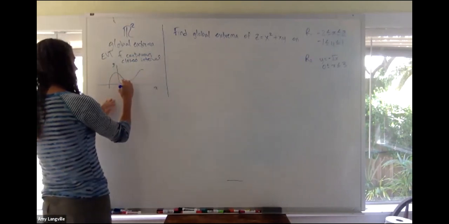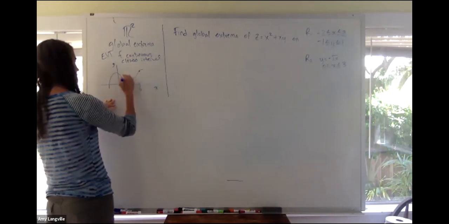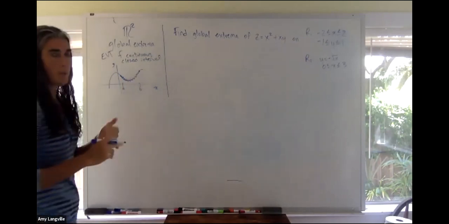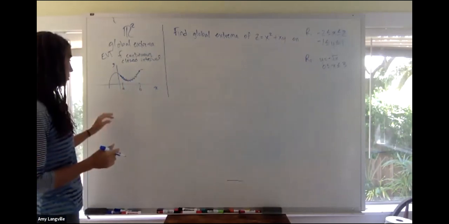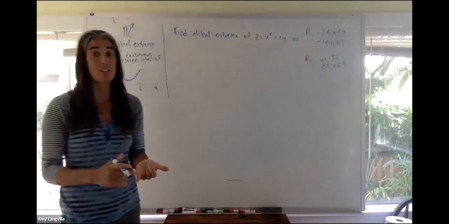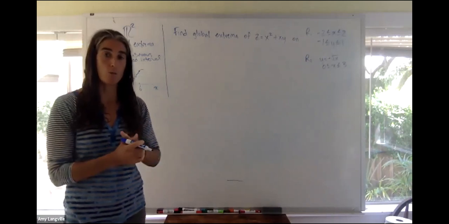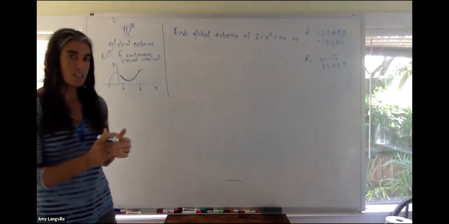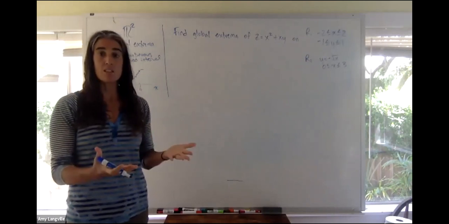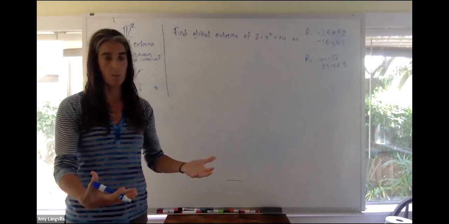So they would give you maybe an A and a B, and you had to find, on this section of the graph, what is the global min, global max, or if there are ties, that was also possible. The EVT told you if these two conditions hold, then you were guaranteed at least one global min, at least one global max on that interval. And hopefully, again, the key thing from the EVT was that it was an existence theorem, telling you whether it was worth your time to go hunt for those extrema.